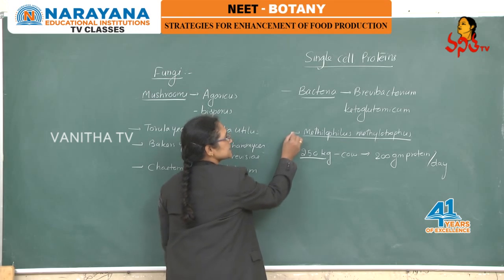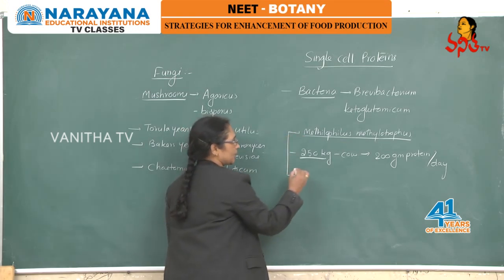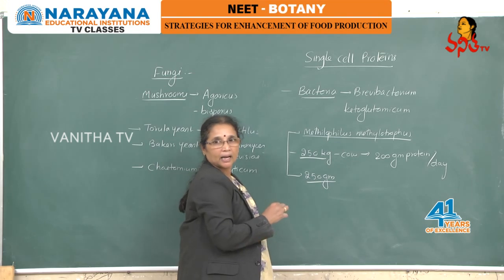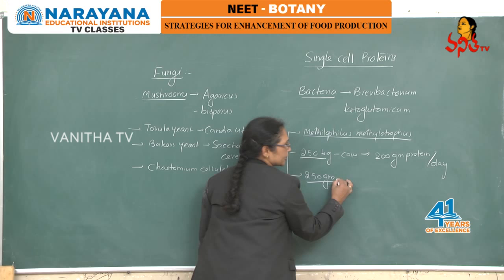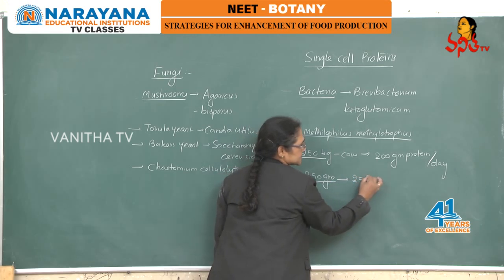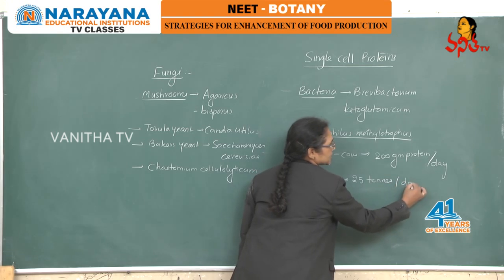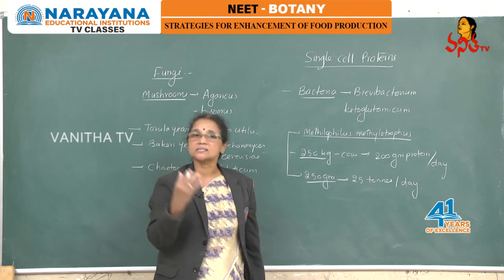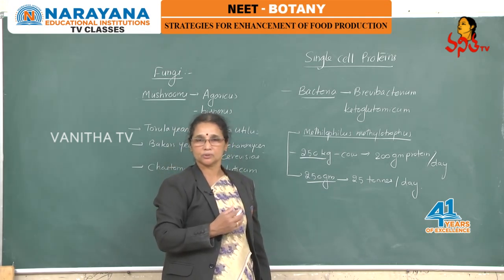And if you are using the bacterium Methylophilus methylotropus, approximately 250 grams of bacteria containing millions of cells, cultured using fermenters, can produce 25 tons of protein per day, children. Is it amazing?